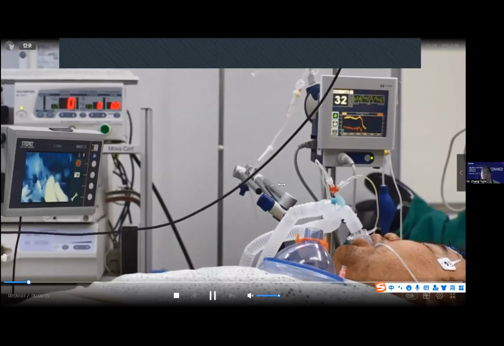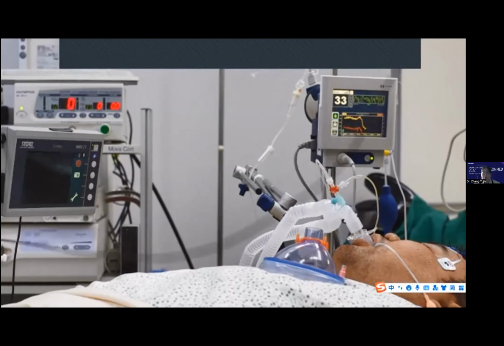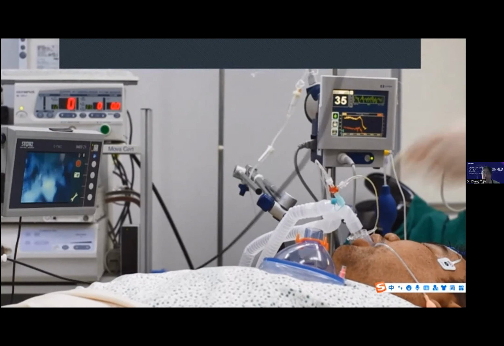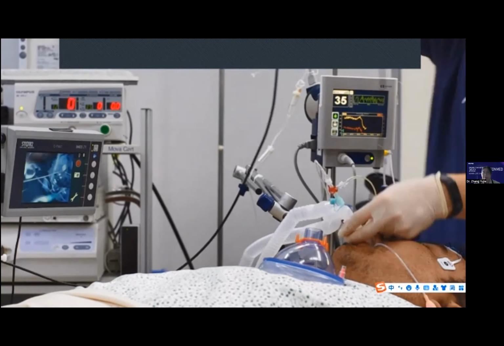Okay, we use a fiber optic bronchoscope to guide our tracheal tube going through the LMA here.